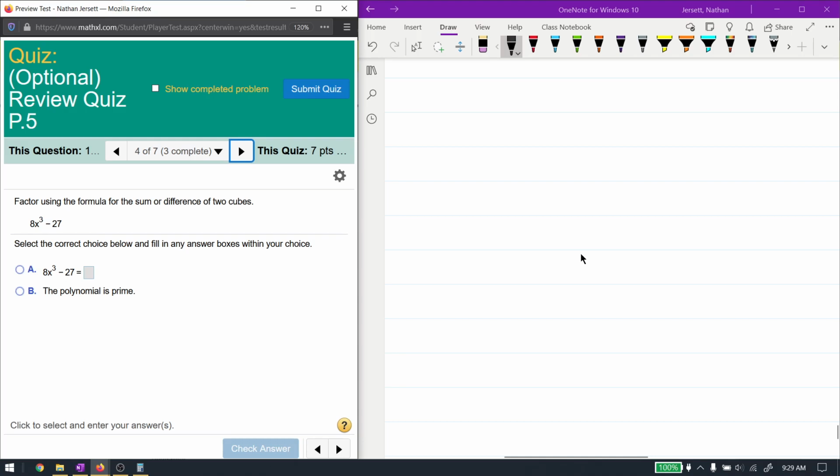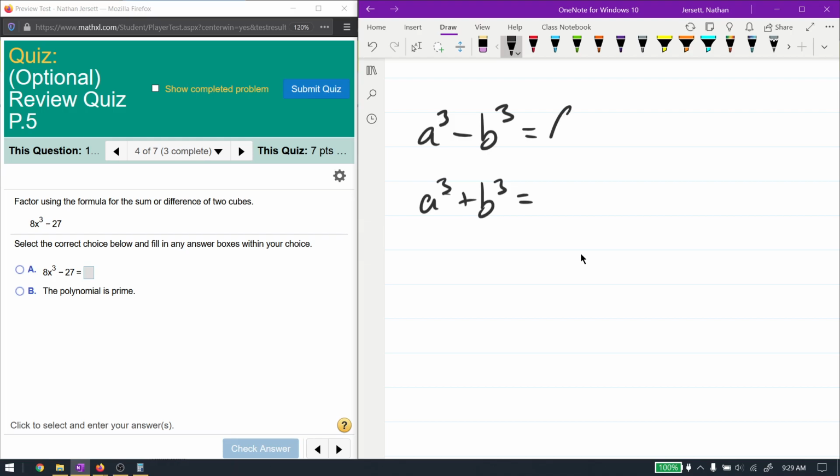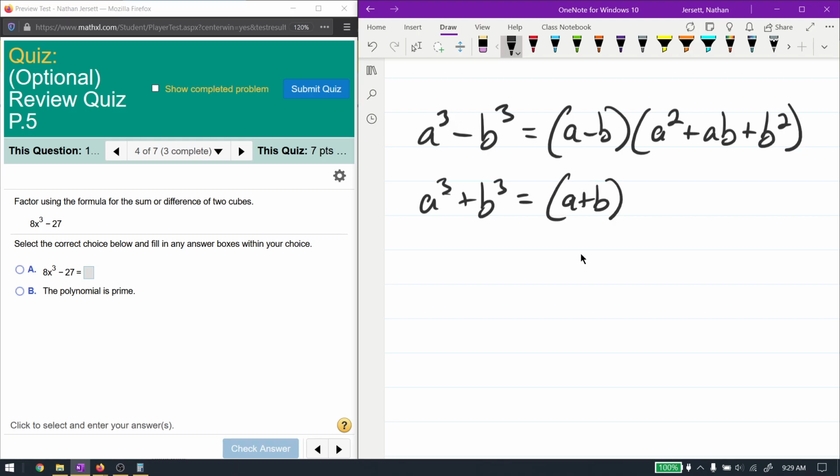Okay, so just like when we had sum and difference of two squares, we have sum and difference of two cubes. You don't have to memorize the formulas for these. They're not terribly hard, but you don't need to. I mean, you just look it up. And the way this works is you have a minus b, and then a squared plus ab plus b squared. This one's going to be a plus b, and then a squared minus ab plus b squared.